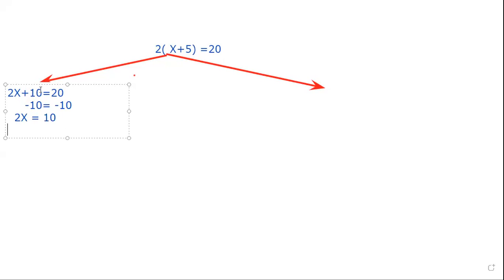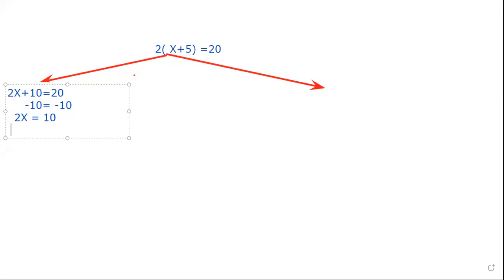What is the next step? 2x equals 10. So we have to divide by how many? No, look at the coefficient before x. It's 2x, as I said before. 2x means 2 multiplied by x, and the operation is multiplication. So we have to use the opposite operation.